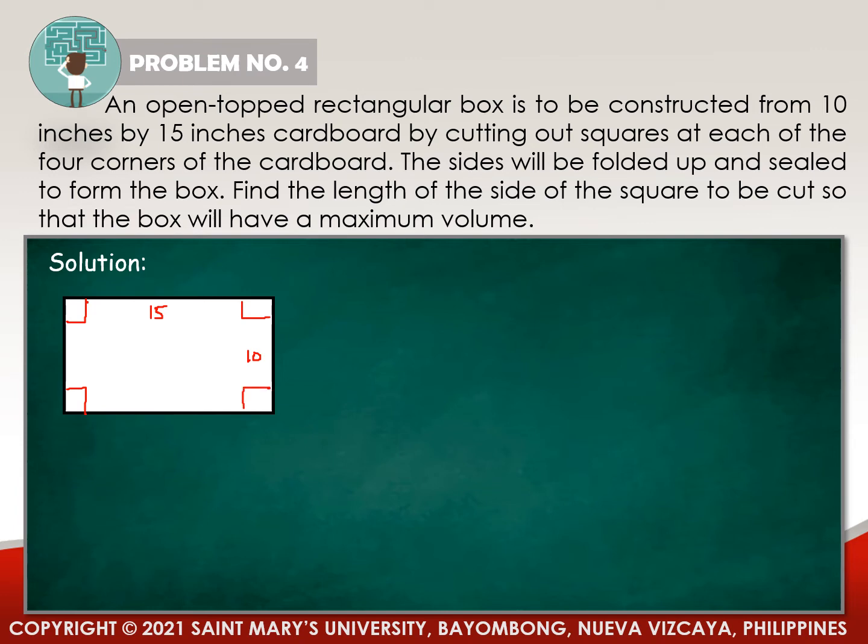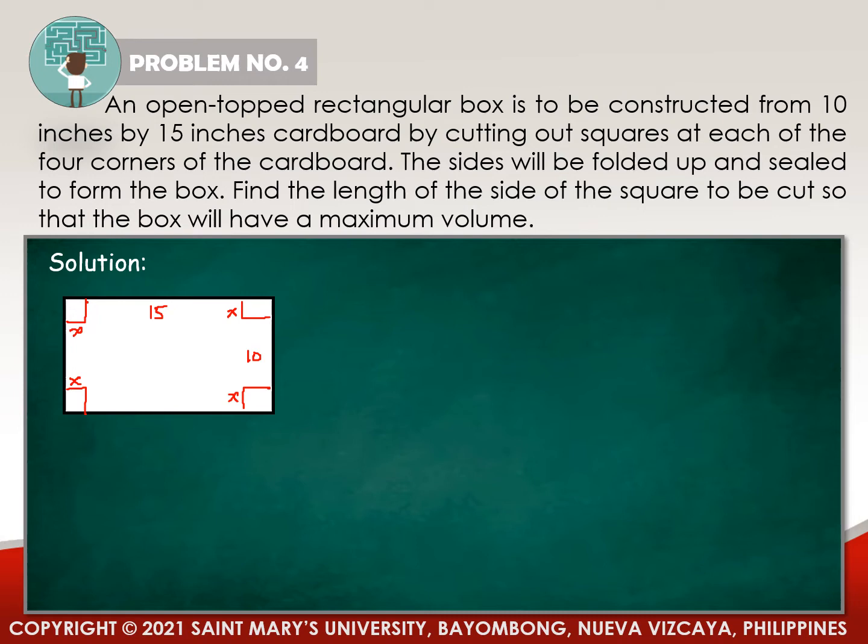So, yan yung ating x. So, yan yung hinahanap natin. Yung value ng x or yung length ng side ng square to be cut that will produce a box which has maximum volume.